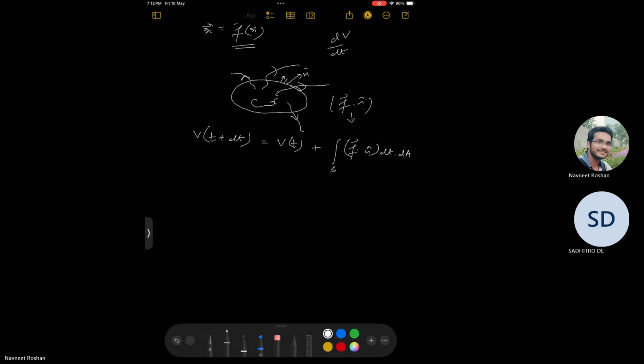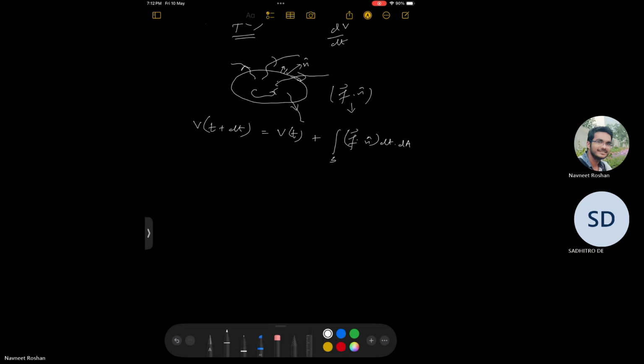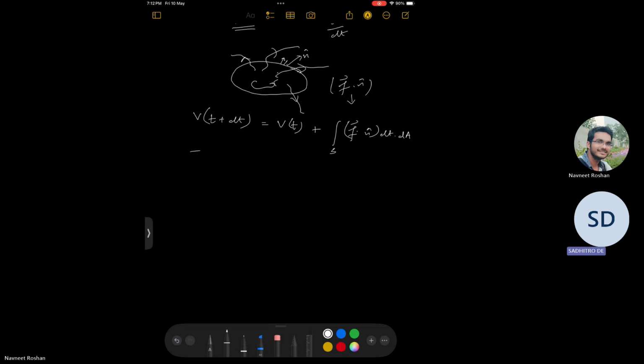All right. So this tells me how the volume increases as a function of time. Hence, we obtain that, where S basically gives the surface area enclosing the volume.